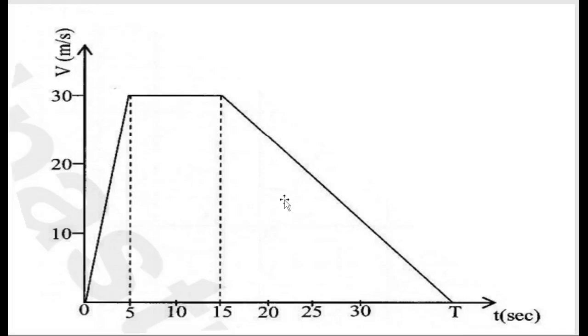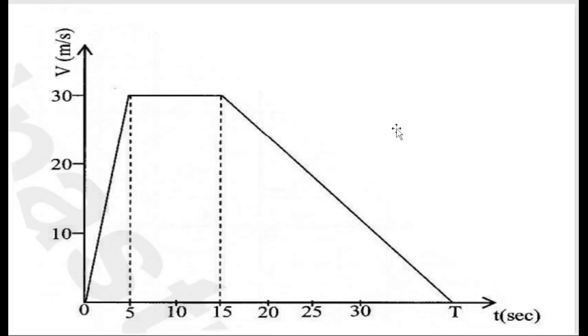There was zero acceleration or uniform velocity. In the last part, we don't know the period, there was the deceleration or negative acceleration. Okay, others will call it retardation.